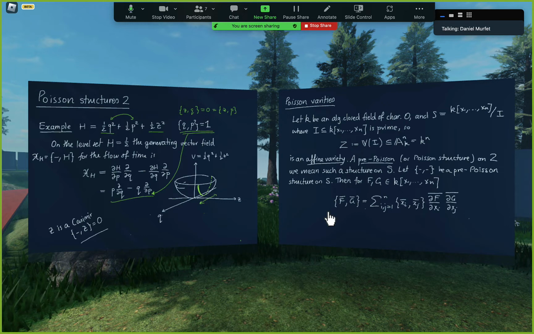Actually, now that I think about it, there's a little bit of a subtle point here that I'm at the risk of skating over. So maybe let me say this more carefully. I am invoking the result that I mentioned, but let me do it explicitly. So suppose I'm given a pre-Poisson structure on S, on the quotient, and let me define a map from S cross S to S by sending a pair F bar, G bar to this thing I just wrote.